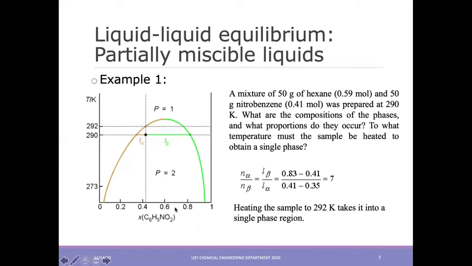So that's how we use the lever rule to interpret composition in weights in a given partially miscible liquid. Again, this type of curve has an upper critical solution temperature, which means the upper critical temperature is the highest temperature at which phase separation occurs.